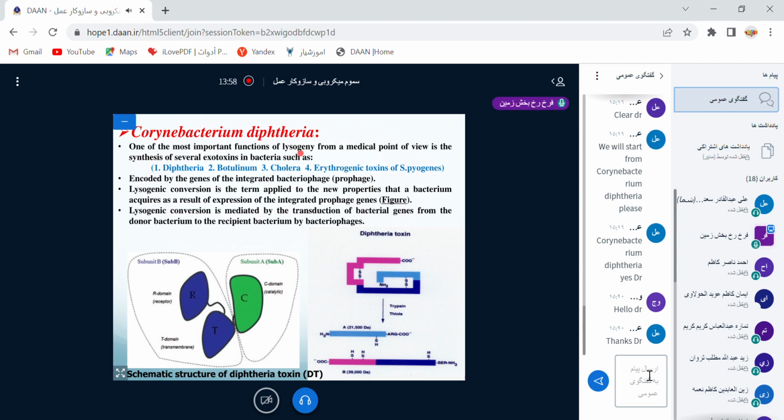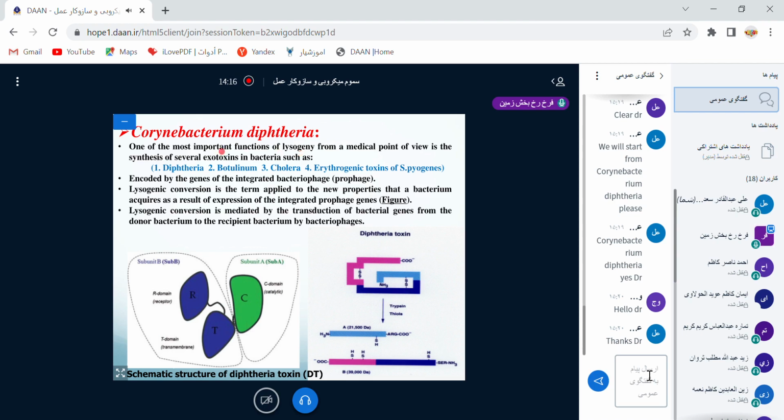And the phenotype of toxin production is related to the genes of the virus which are incorporated into the bacterial chromosome.